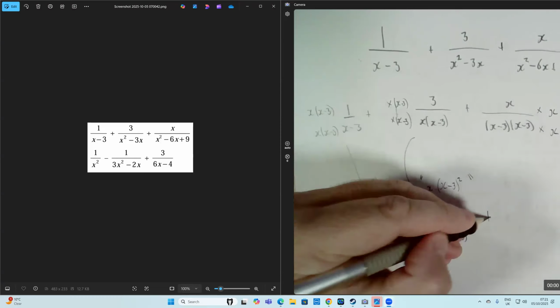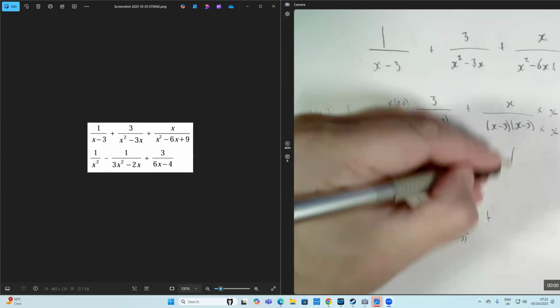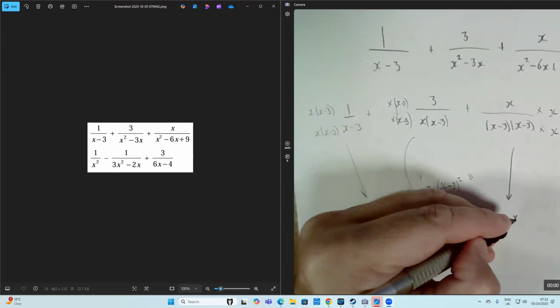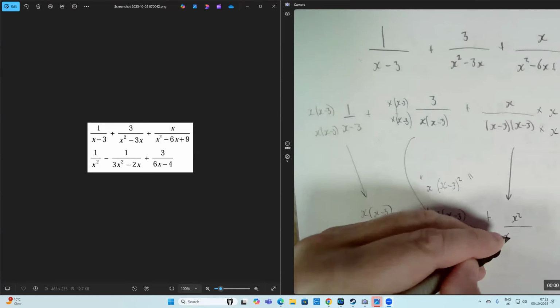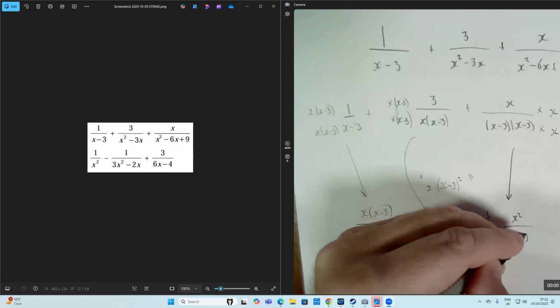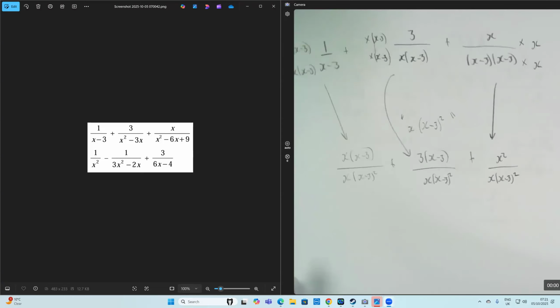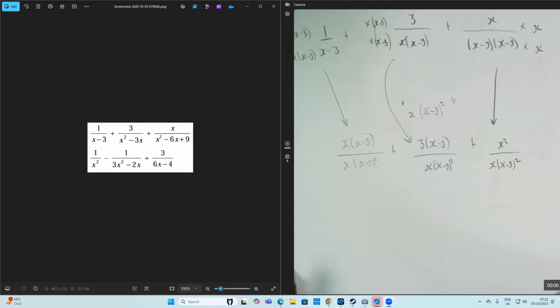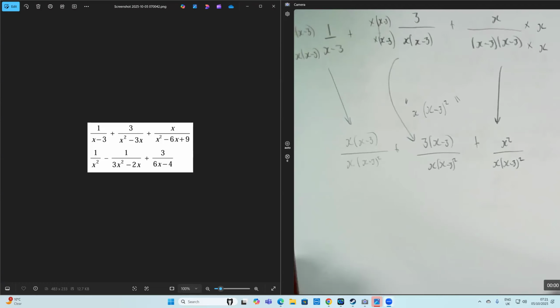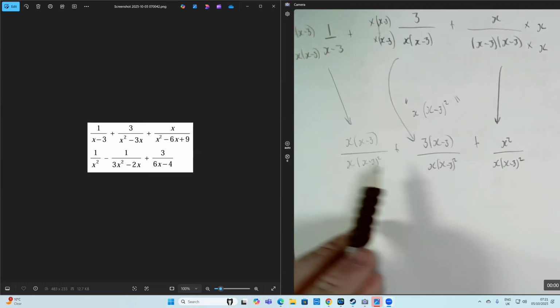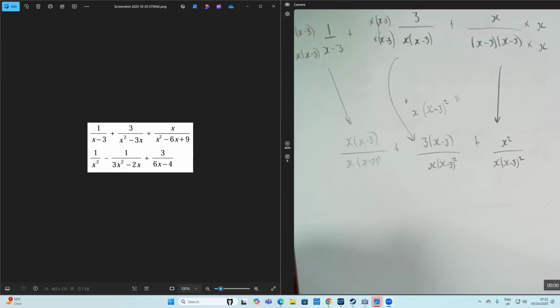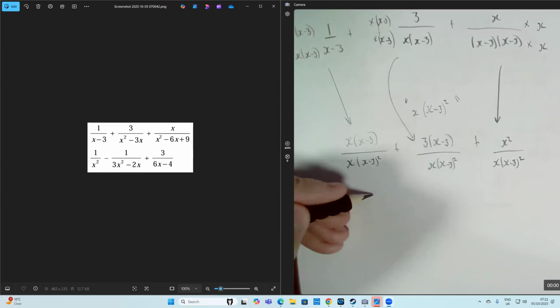And then finally, that's a plus there. For this one, we've got x squared over x times x minus 3 all squared. So there we go. We've multiplied them all and brought them all together. Now it's time to collect like terms, to add the fractions together. They've all got the same denominator now, so they can all be combined into one single fraction.